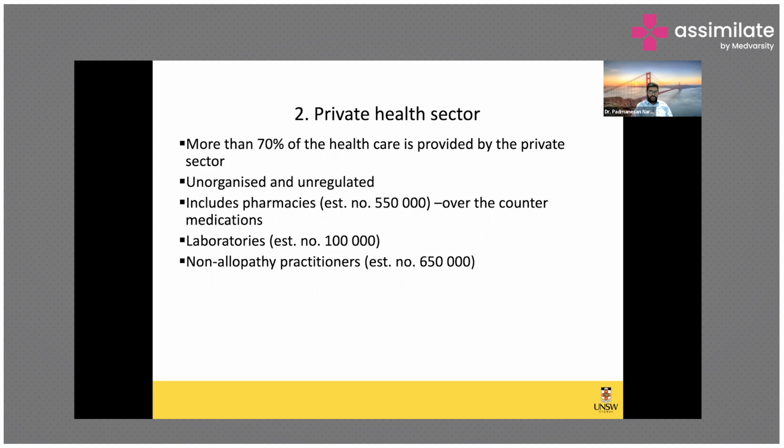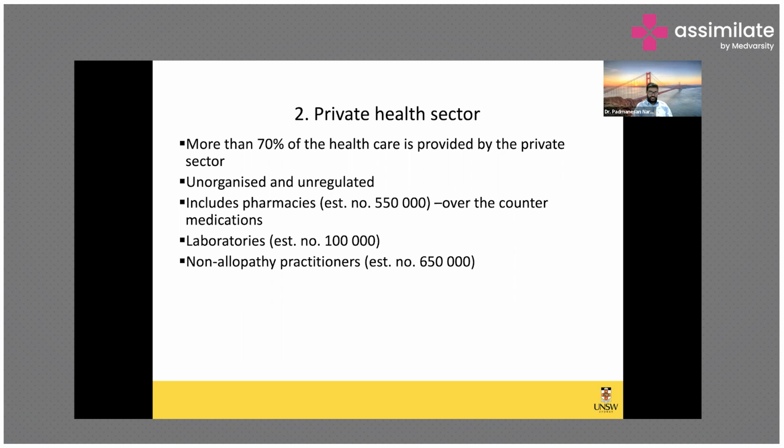The second important point is the private health sector. You know that in India, more than 70% of healthcare is provided by the private sector. In fact, the actual ground reality is that more than 85% of healthcare is provided by private healthcare. The key thing here is it's unregulated and unorganized.